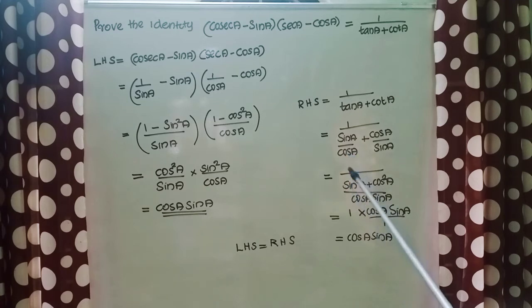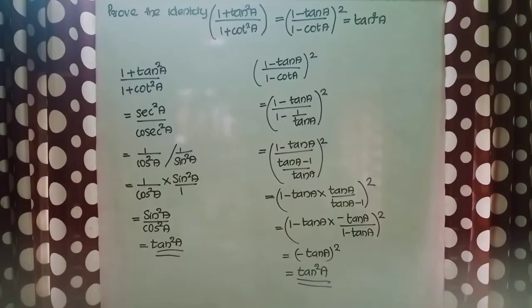We get 1 by (sin square A + cos square A) whole divided by cos A sin A. That is equal to 1 into cos A sin A by 1, because we know this sin square A + cos square A equal to 1. So we get that is equal to cos A sin A. Now you can see the LHS and RHS both are equal.